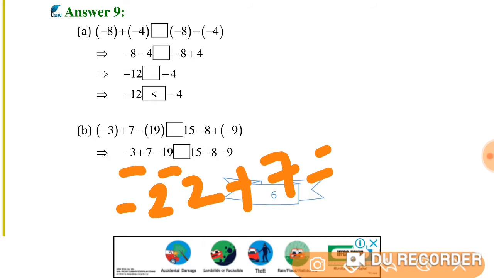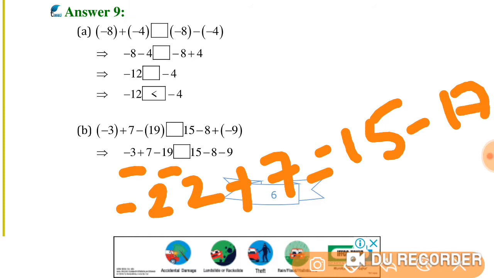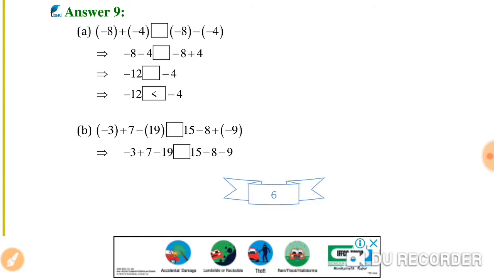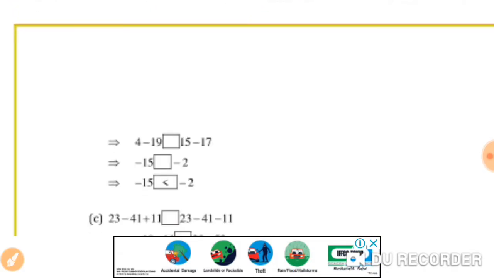And here also 15 minus 8 minus 9 becomes minus 17. So add it, you will get the solution here. There is the answer. Minus 15 and minus 2 are the LHS and RHS.